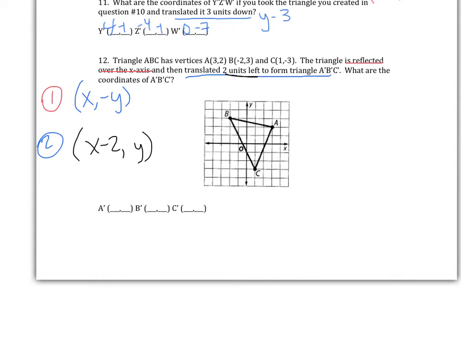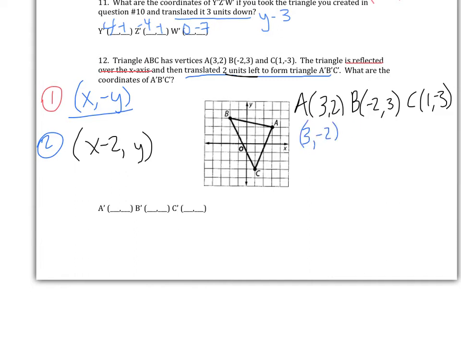So let's talk about this. So our original points, A, 3, 2, B, -2, 3, and C, 1, -3. So our first one was x, -y. So we leave the x and we make the y the opposite sign.